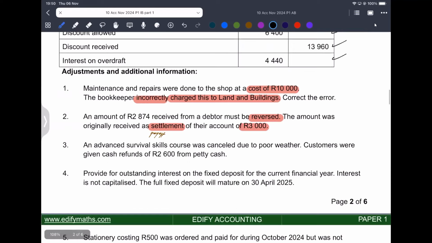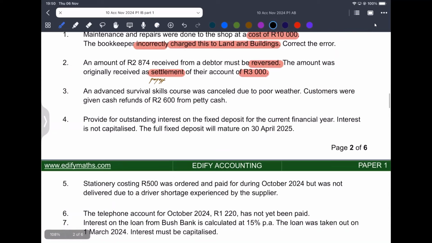Number 3 says that an advanced survival skills course was cancelled due to poor weather. I am going to highlight that. So this advanced survival skills course was cancelled due to poor weather. Customers were given cash refunds of 2,600 from petty cash.